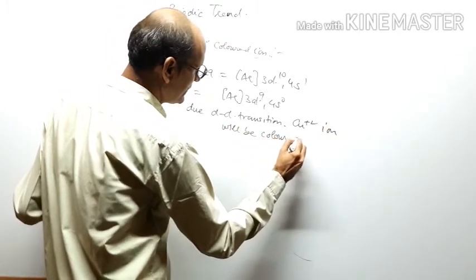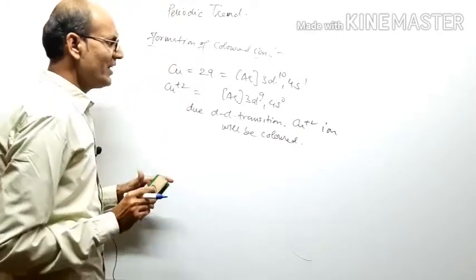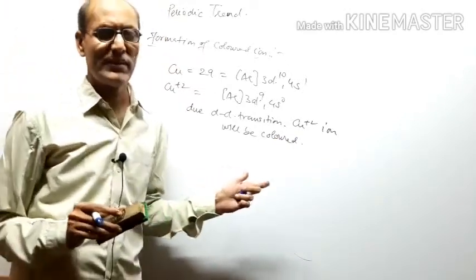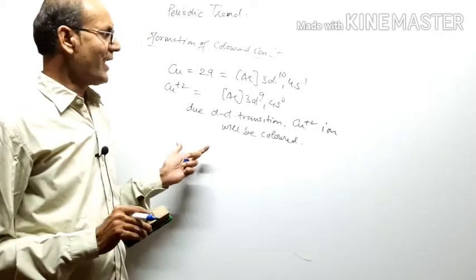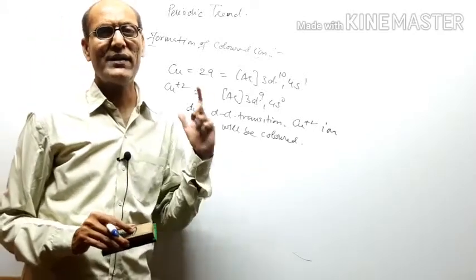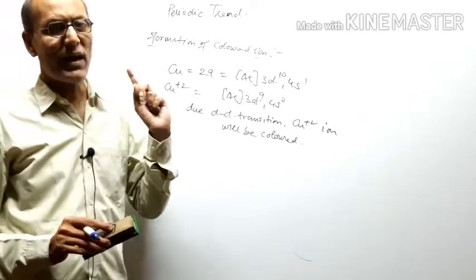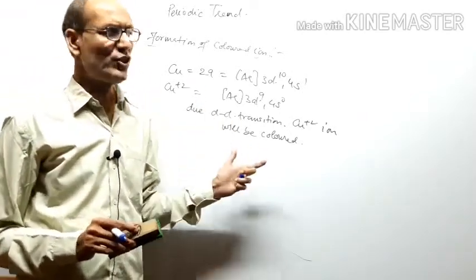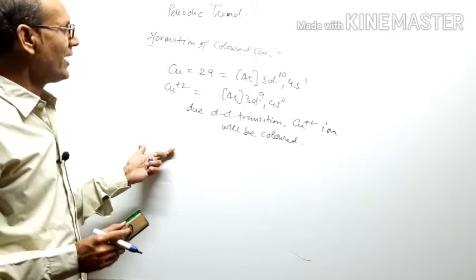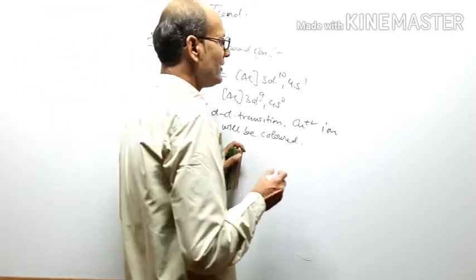colored. You can identify whether any ion is colored or colorless by writing the electronic configuration and finding the unpaired electrons. If you get one or more unpaired electrons in the d subshell in the case of any ion or neutral atom, that means it will be colored.